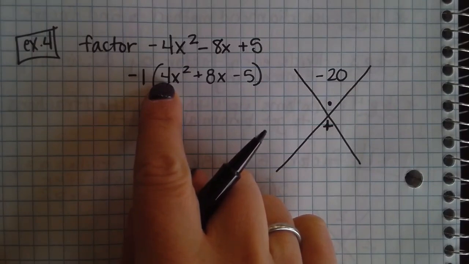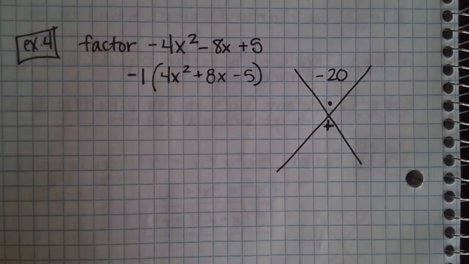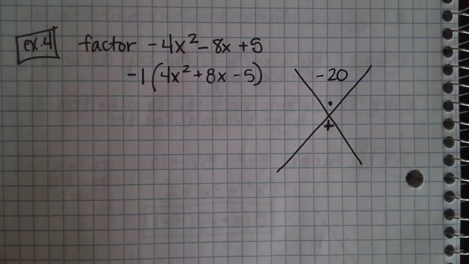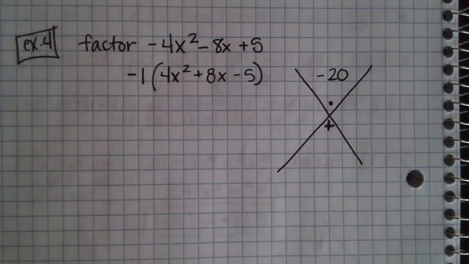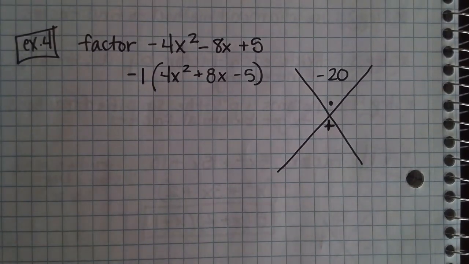Ask me again. But you can't FOIL to check it. That's what I'm hoping. We'll be able to FOIL to check it. Just wait, just watch. We have to do the steps. Do not try to do it in your head. Oh, I wrote it down.